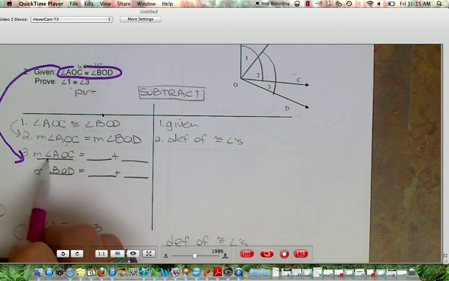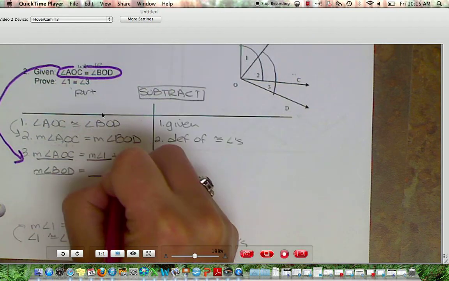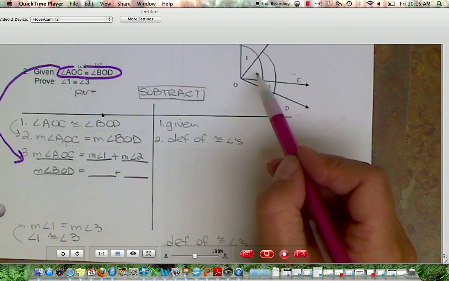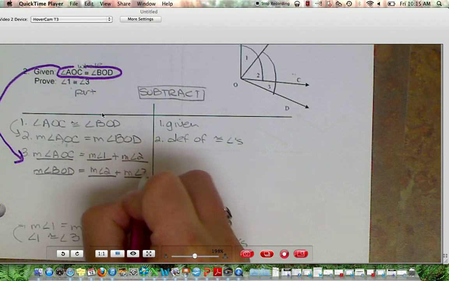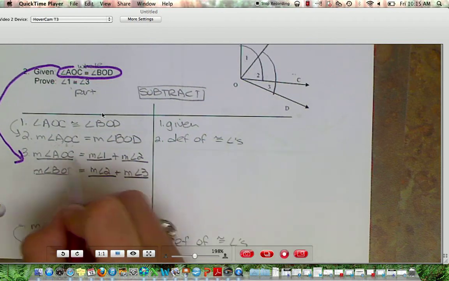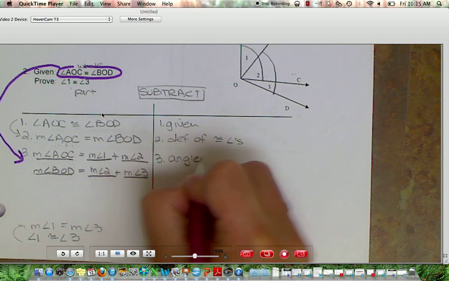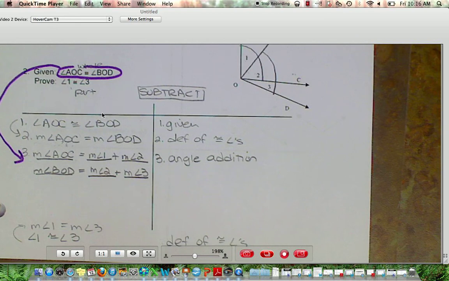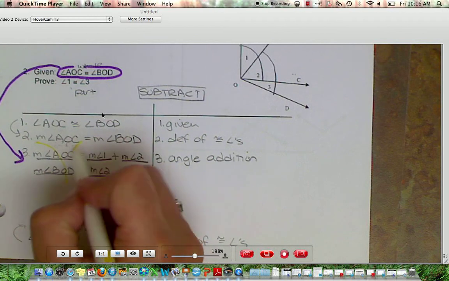So the measure of angle AOC is angle 1 plus angle 2. And the measure of angle BOD is angle 2 plus angle 3. And of course, when we do whole equals part plus part, that's going to be angle addition postulate, if you want.